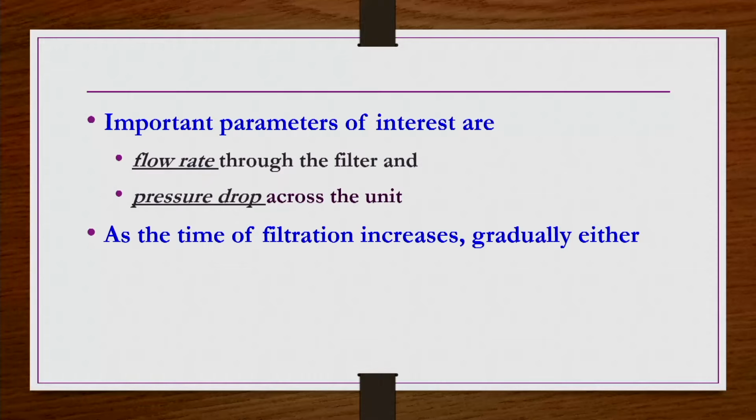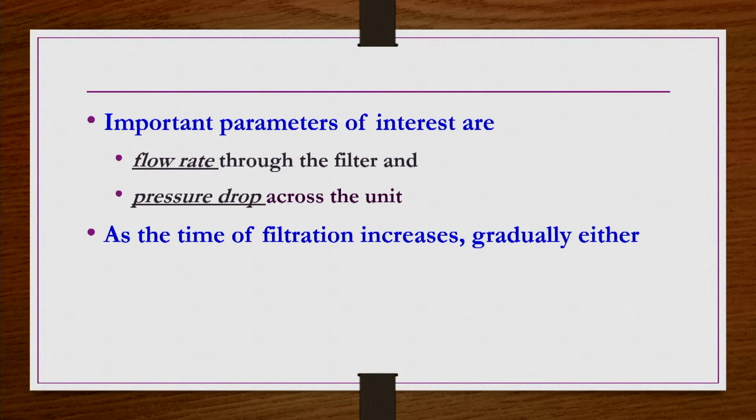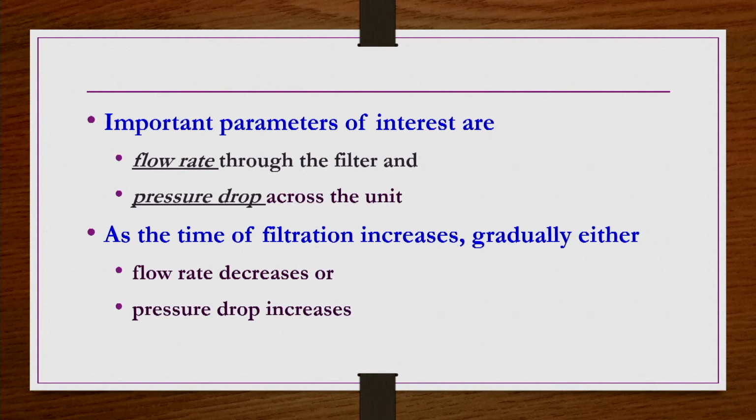Accordingly, the volumetric flow rate of the filtrate that we collect from the other side of the filter medium decreases, or the pressure increases in order to maintain the volumetric flow rate of the filtrate. So, either of the two cases happens: the flow rate decreases or the pressure drop increases.